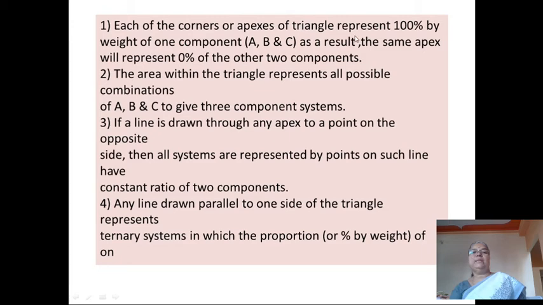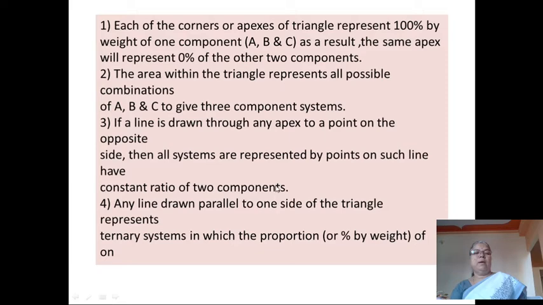The apex of a triangle represents the 100% composition of one of the three components, and the lines drawn parallel to the three sides express the composition of any two components. The area within the triangle represents the compositions of all the three components.